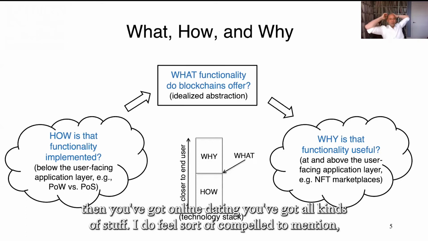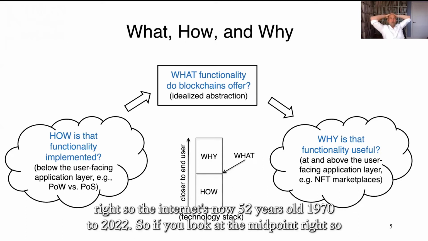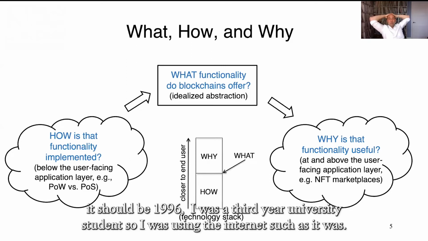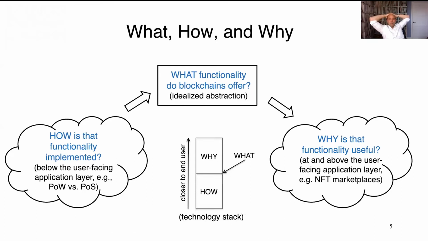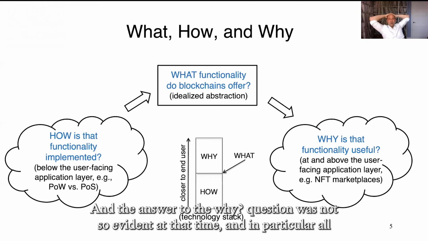I do feel compelled to mention, the internet's now 52 years old, 1970 to 2022. If you look at the midpoint, it should be 1996. I was a third-year university student, so I was using the internet such as it was. And the answer to the why question was not so evident at that time.